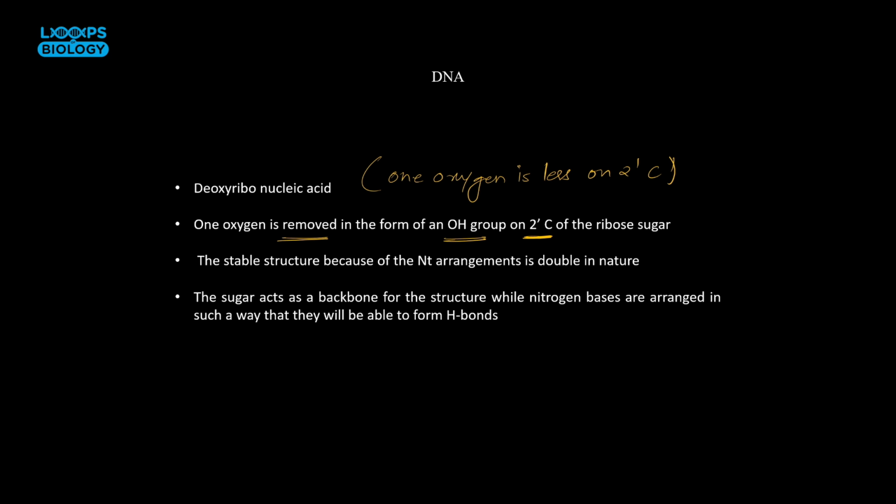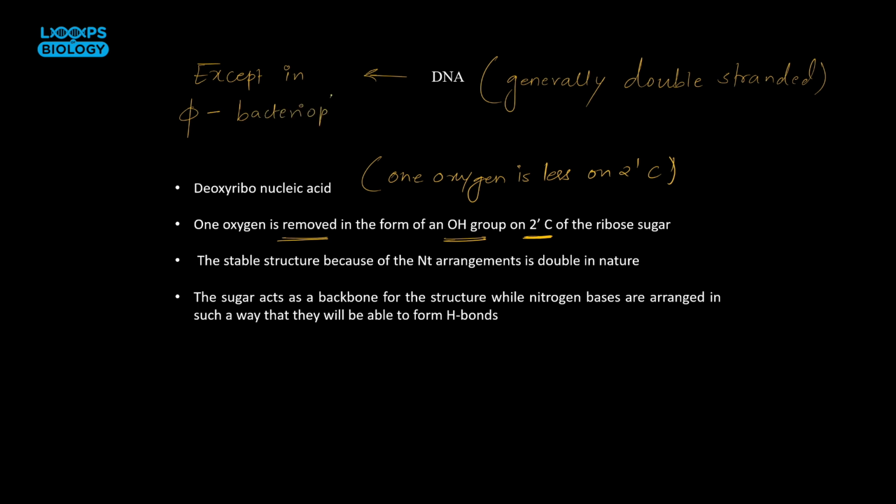The structure is stable because the nucleotide arrangement is double in nature. Now what is double? That means DNA is generally double stranded. However, there are exceptions, except in the phi bacteriophage.